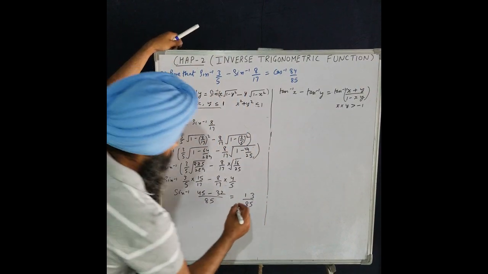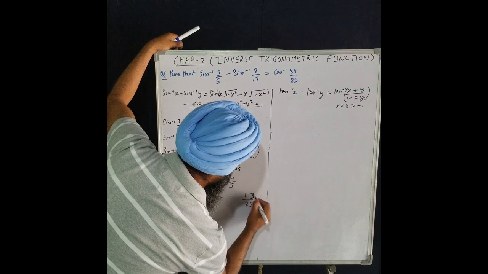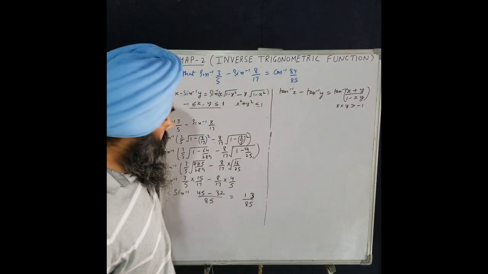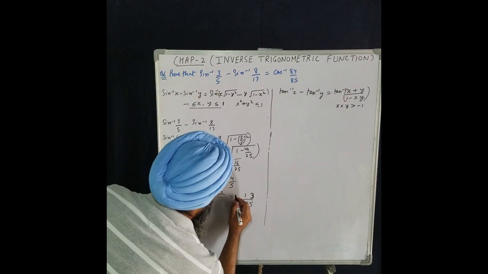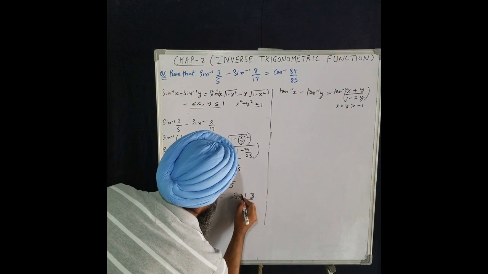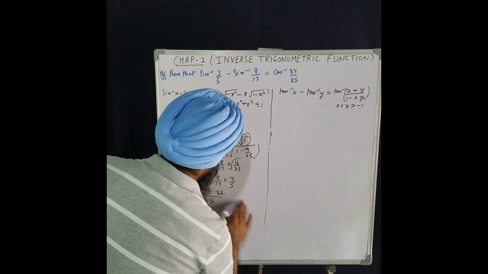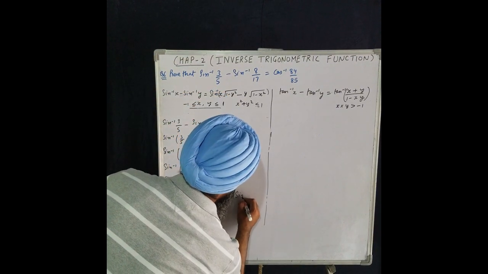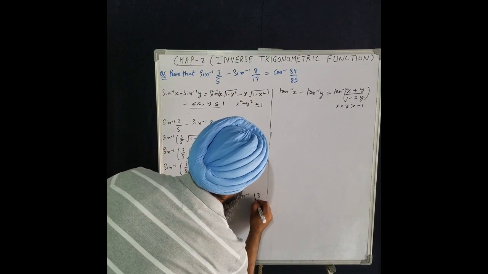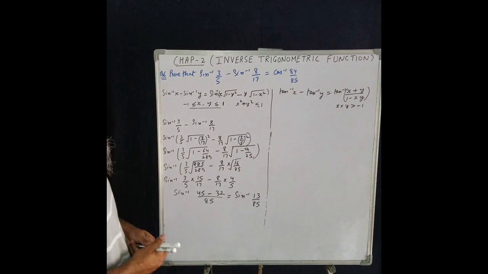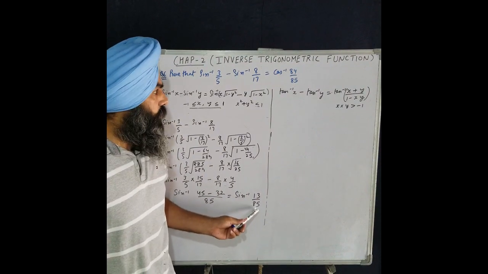Okay, now we have to prove cos inverse 84/85, but we have sine inverse 13/85. What we have to do here, we have sine inverse 13/85. Okay, just apply the conversion of the formula beta.